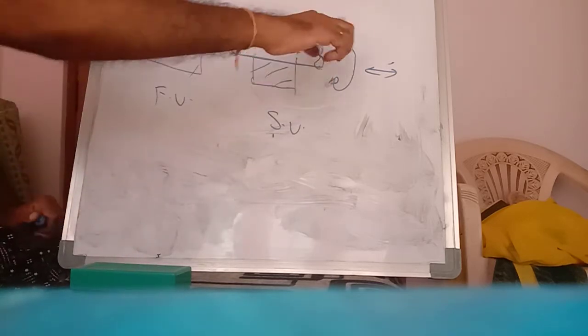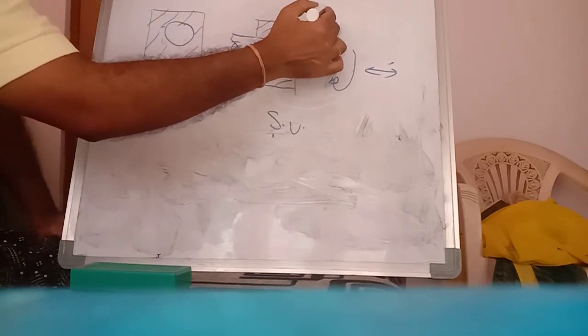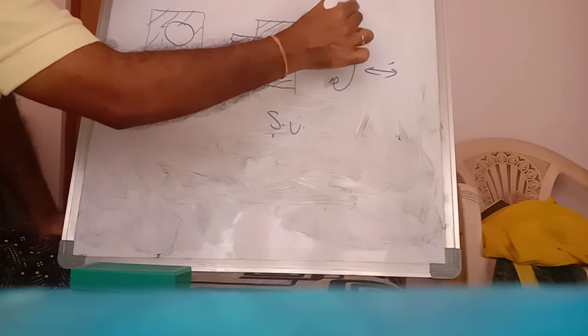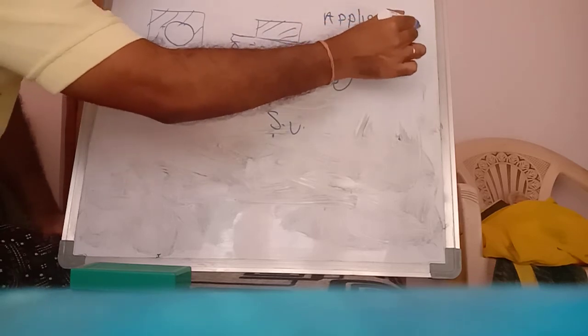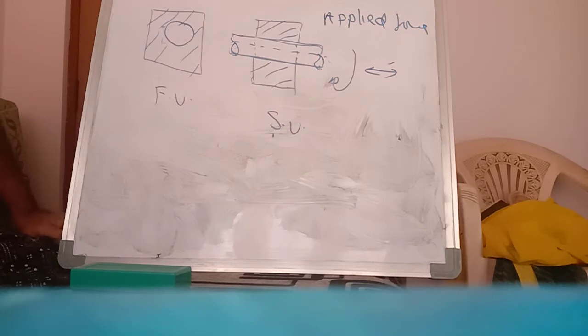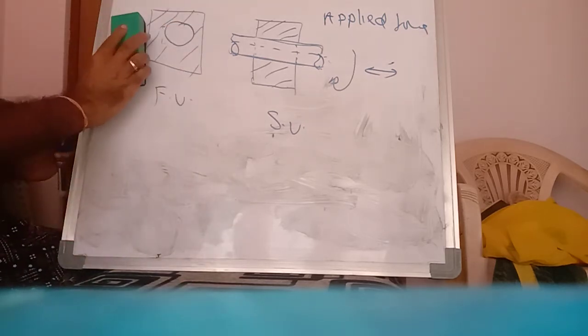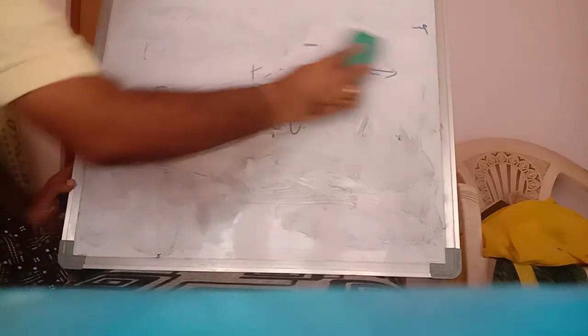So the two motions depend upon the direction of applied force. That is known as incompletely constrained motion. What is the example? A shaft in a circular hole is the example for incompletely constrained motion.